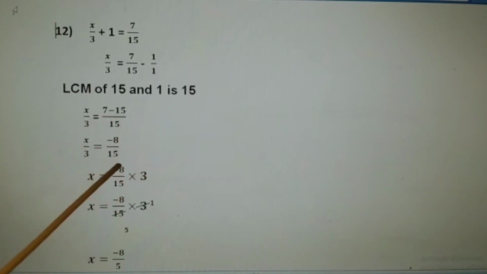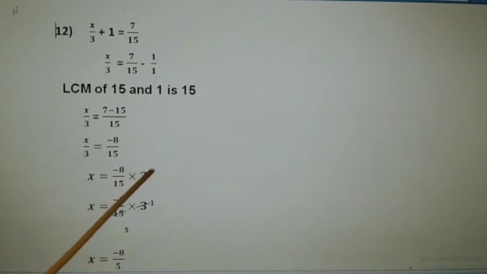So x is equal to minus 8 by 15 into 3. Then cancel 15 and 3 with 3. It will become x is equal to minus 8 by 5 into 1. X is equal to minus 8 by 5. Value of x is minus 8 by 5.